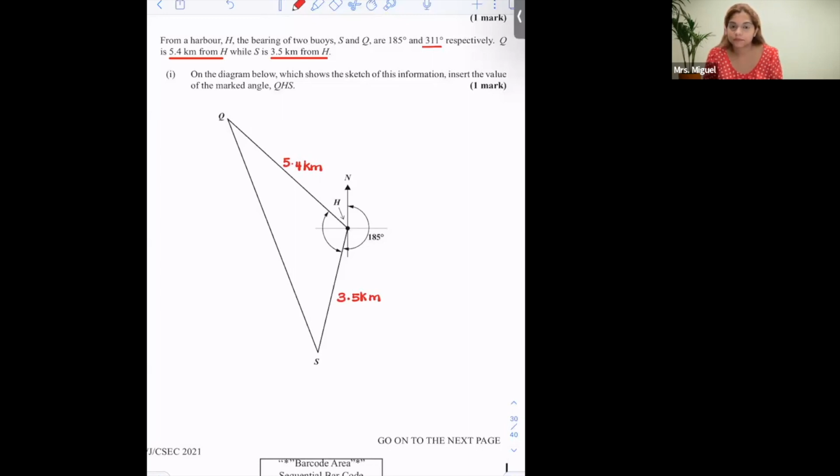Yes. The angle measured from the north line at H to Q is 311. So this whole angle here is 311. This part is 185. What is this angle?